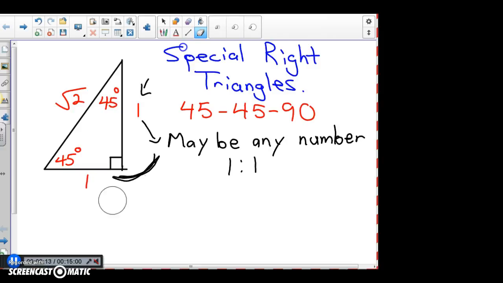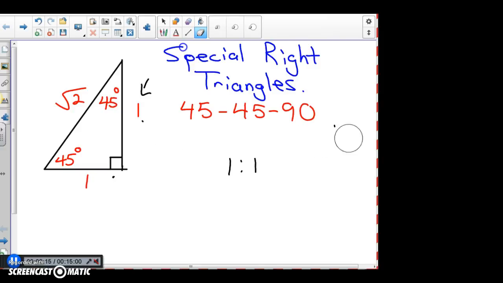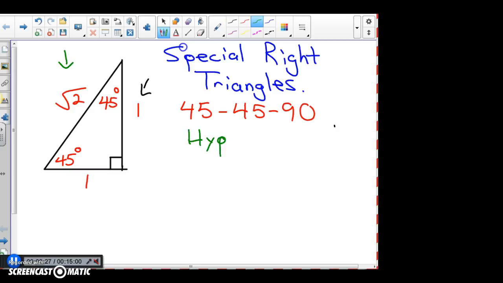So if I look at my hypotenuse in this right triangle, which is here, I've got square root 2. What that means is, if I'm looking at the hypotenuse on a 45-45-90, I'm going to take this number, whatever it is, may be a 1, may be something different. That number may be a whole number, it may be a square root number, it doesn't matter, these are all numbers.